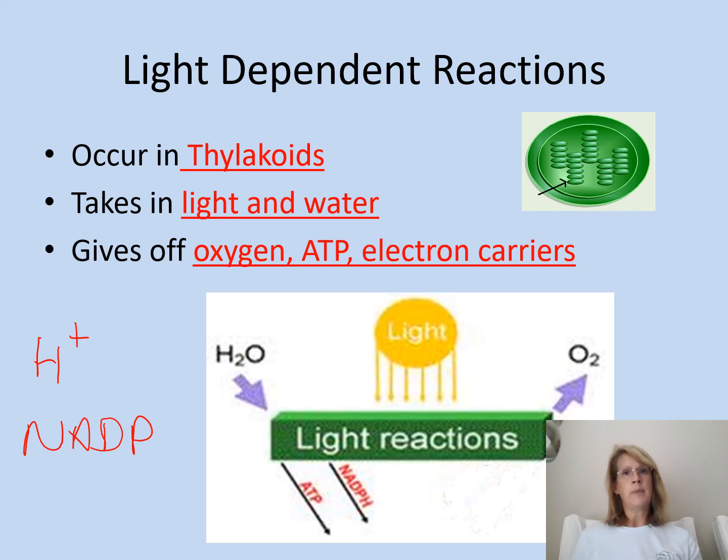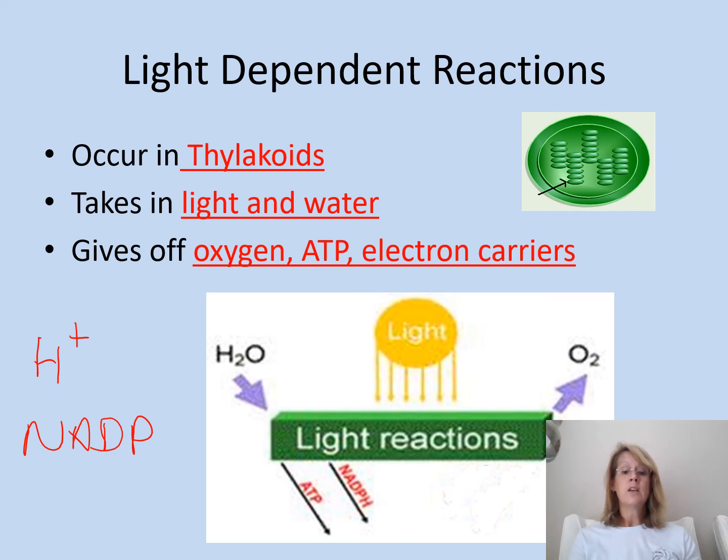NADP is basically a little basket that picks up hydrogen and moves it to the next spot. You can think of it as a conveyor belt, because I need hydrogen to go to the next step, but hydrogen can't move by itself. So NADP, this thing called an electron carrier, is like a little conveyor belt, and it'll pick up the hydrogen and take it to the next room where it's needed to make the sugar.